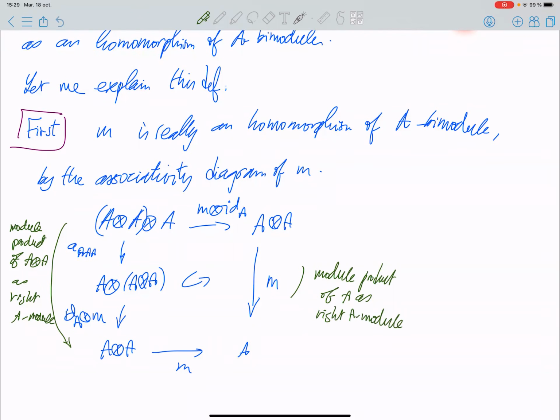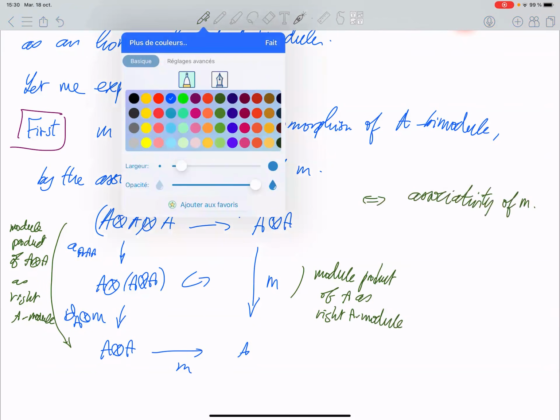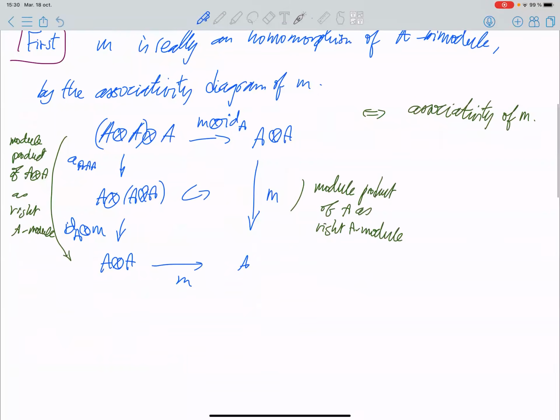And this is equivalent to the associativity of M. This is precisely the associativity of M. So everything reduces to the associativity of M. So M is automatically a homomorphism of right A module.